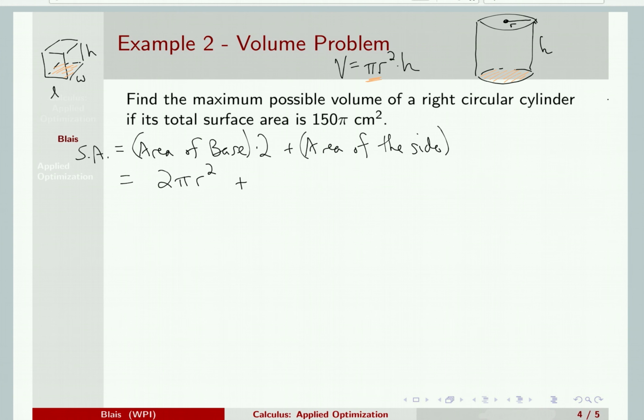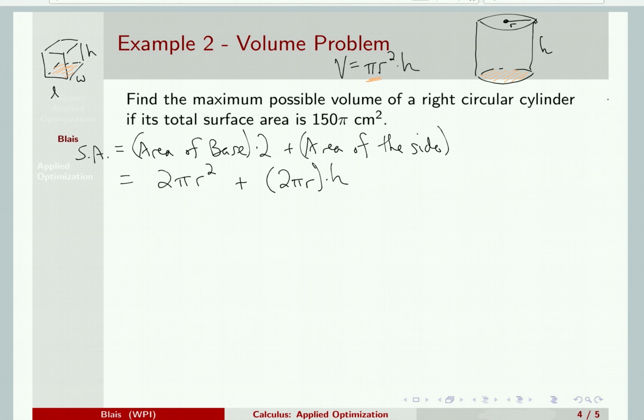Now for the area of the side, it will be the height, and then think of taking that height and wrapping it once around. So we need to take the height times the circumference of this rim here. So the circumference of the rim is 2 pi r, and the height is h.